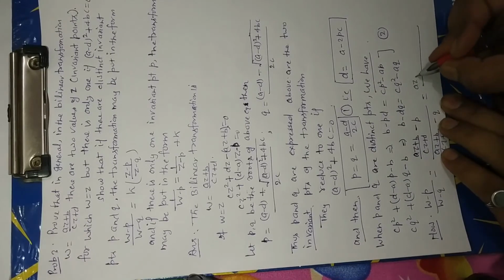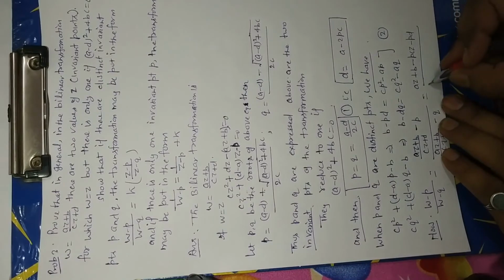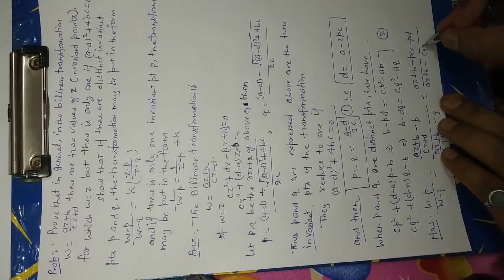Now we get AZ plus B minus PCZ minus PD, similarly AZ plus B minus CQZ minus DQ.